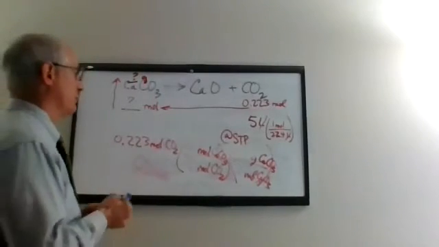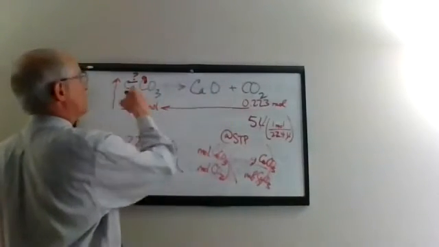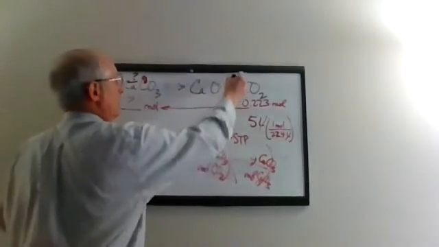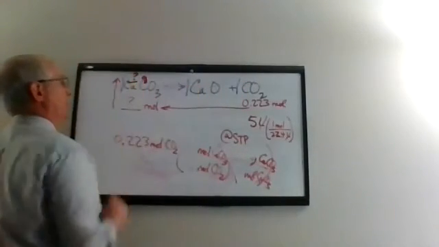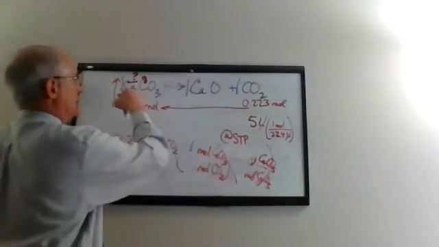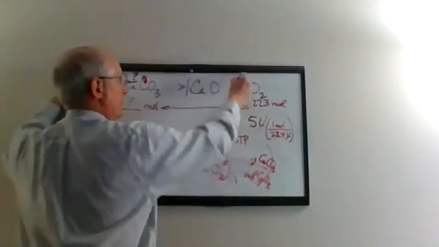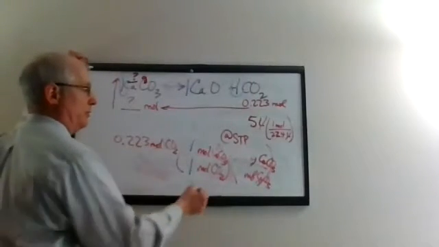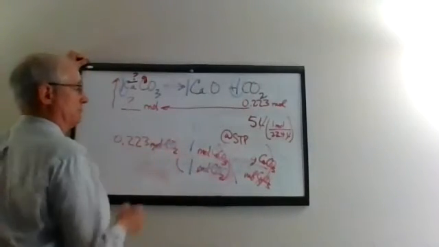Okay, let's go ahead and fill in some numbers. It looks like this properly balanced equation is 1, 1, and 1. So 1 mole of CaCO3 to 1 mole of CO2 is the mole ratio there, and these cancel.